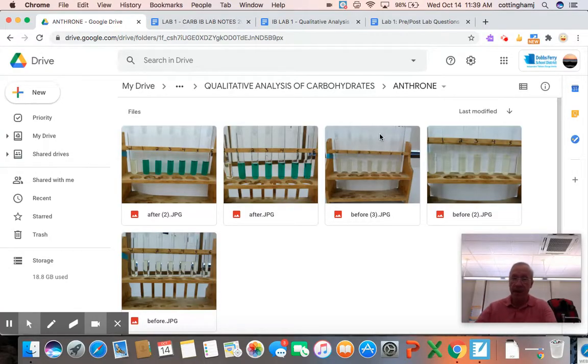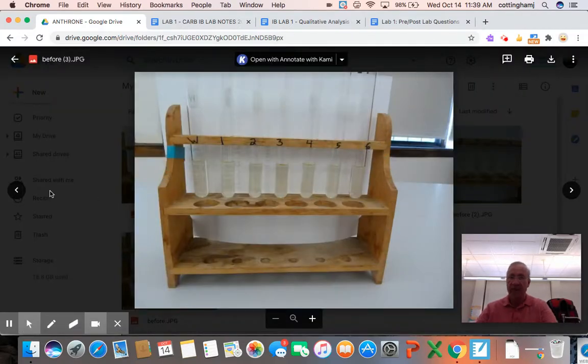So I'm going to bring up a before picture so you can orient yourself. Because here's the information I didn't give you. You have 7 labeled test tubes. The W1 is a control for water. The other 6 hold carbohydrates in them. I'm not telling you what the carbohydrates are.